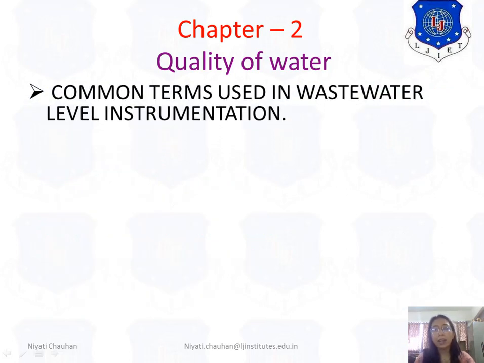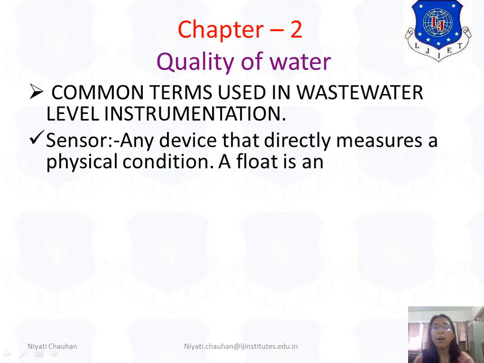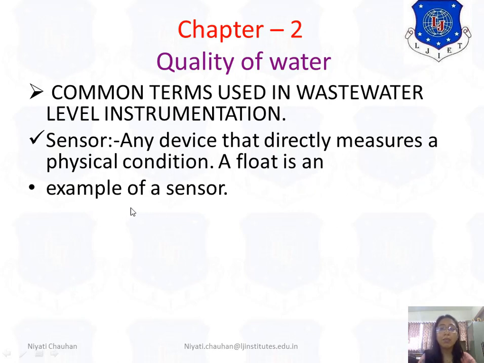In these techniques we are using common terms. So, common terms used in wastewater level instrumentation. Number 1, sensor. A sensor is any device that directly measures a physical condition. A float is an example of a sensor.